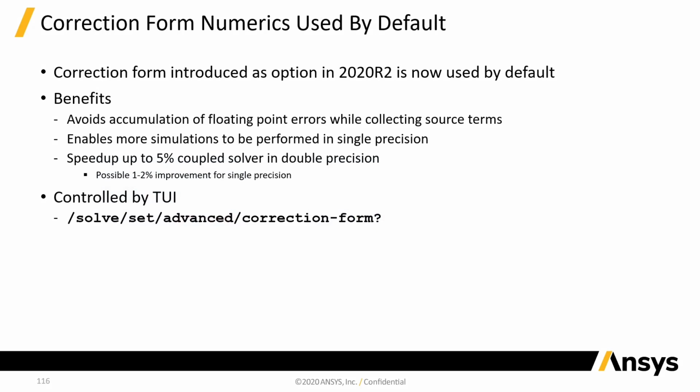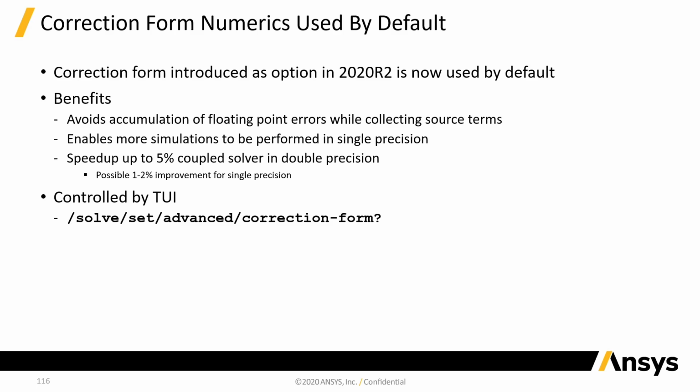The correction form of the numerics has been made the default. What this means is that instead of working with variables which are the value at the new iteration level and the value at the old iteration value, we now work with the old value and the delta, the correction.